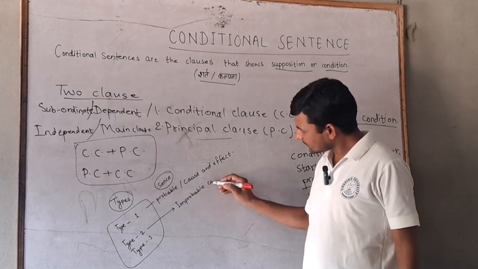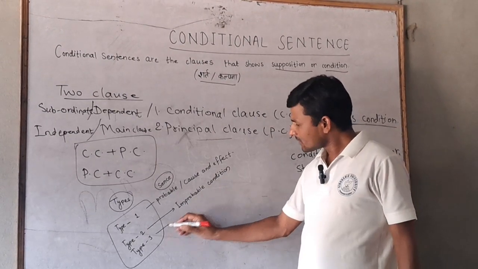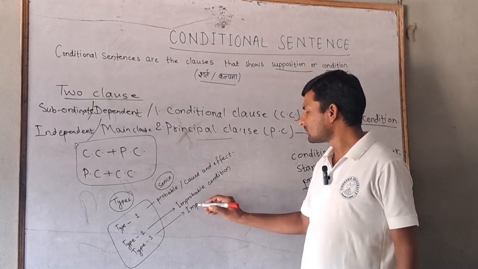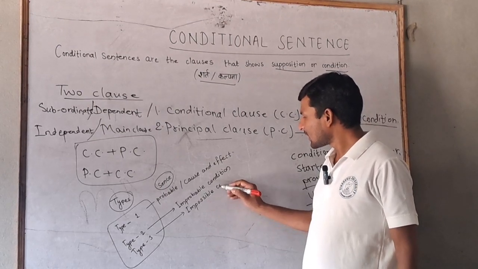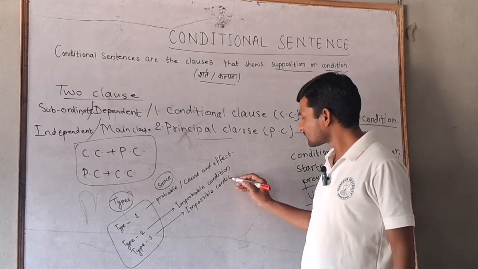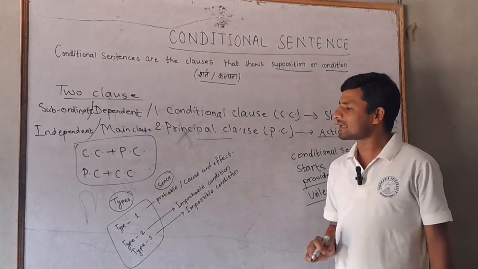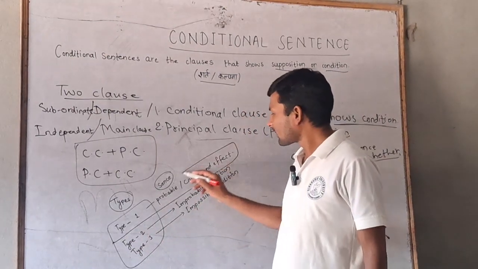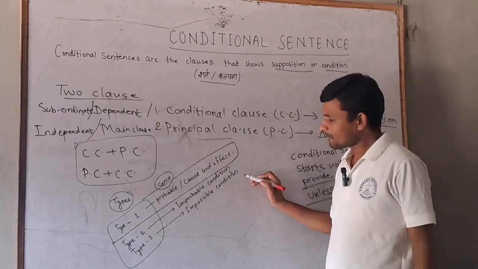Improbable condition. And type 3 gives the sense of impossible condition. This is the sense. Type 1 gives the sense of probable or cause and effect.